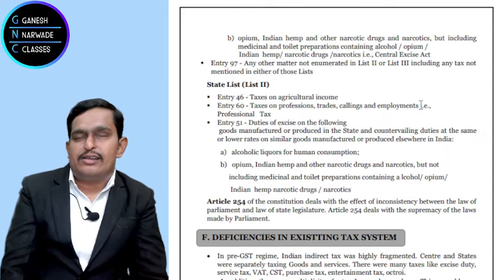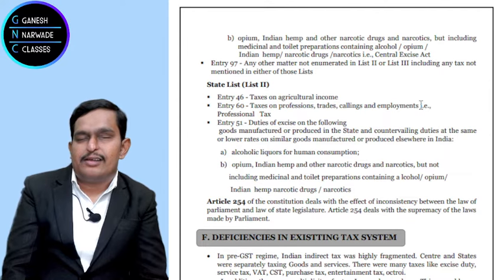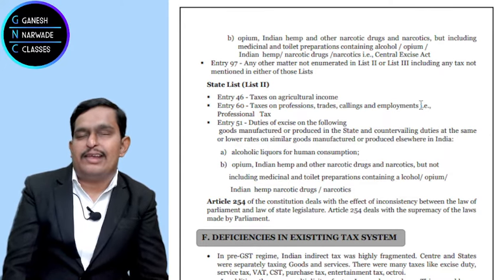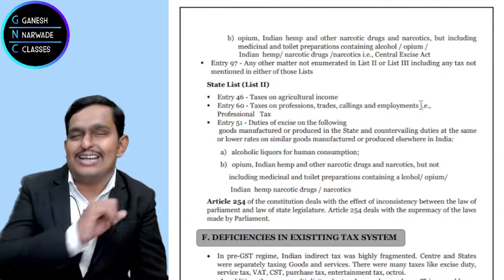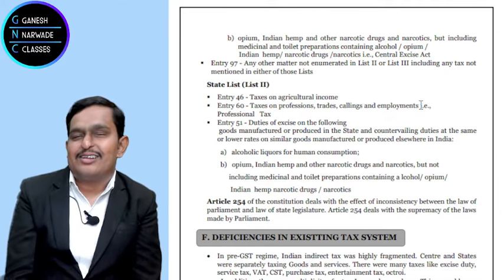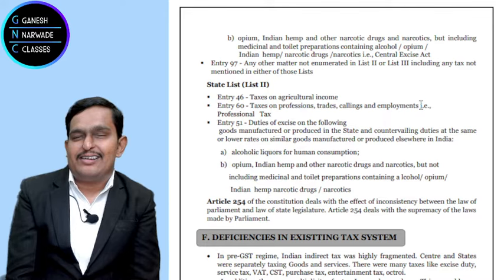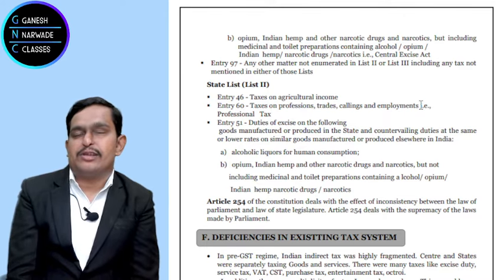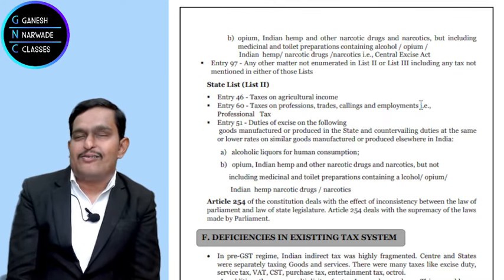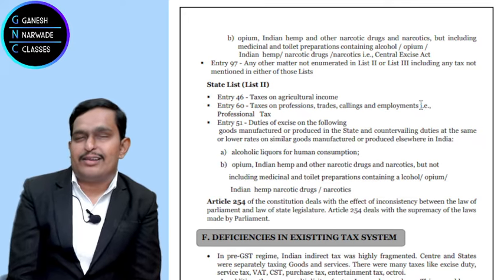Now if in the whole of list 1, list 2, list 3, an item is not mentioned in any list, who can levy tax on that? You should get this question correct, and that's where 97 comes into the picture.